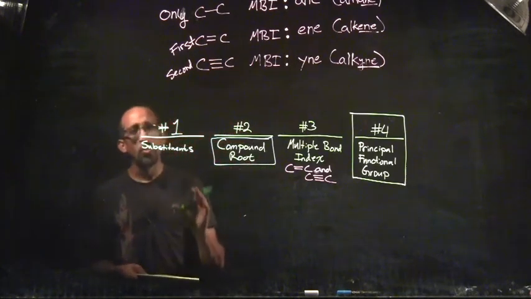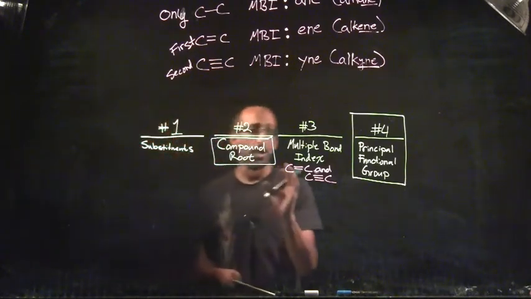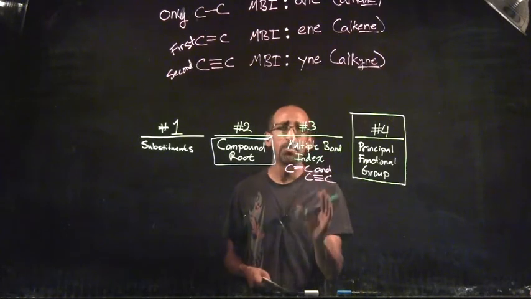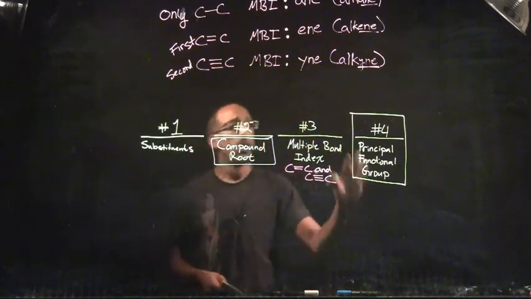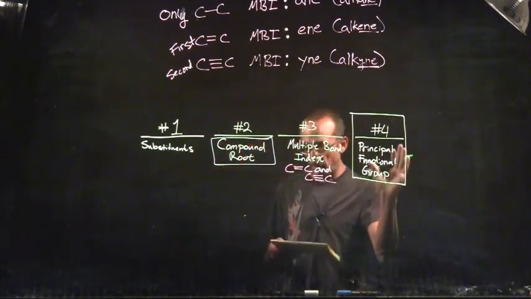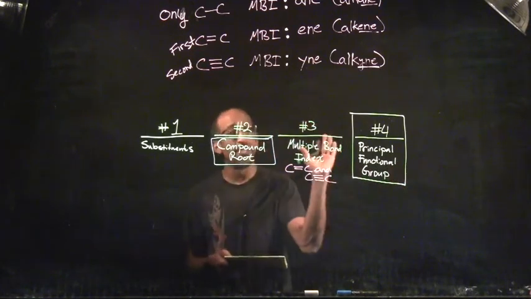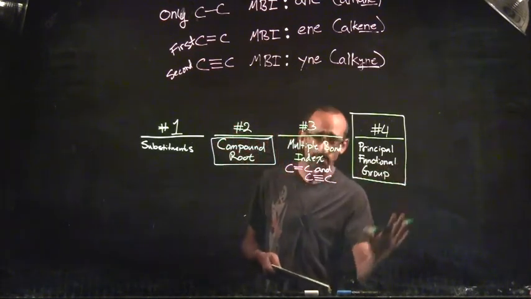The functional group in the molecule with the highest priority according to that table is going to be the principal functional group, right? And it is going to determine the last part of the name.